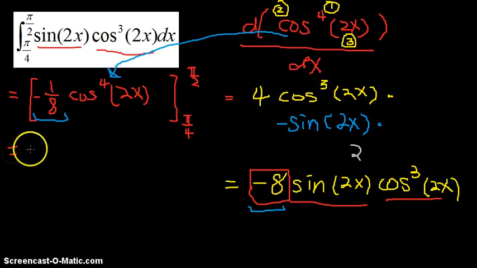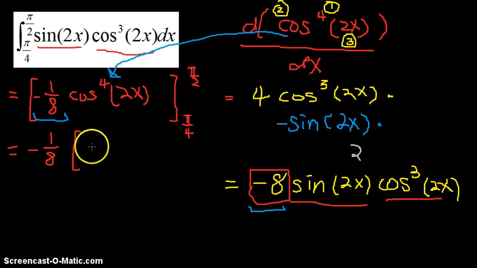I'm going to put the 1 over 8 out in front, and you can use a unit circle again. Cosine 2x to the power 4, and we have pi over 2, so that gives us cosine pi. Cosine pi is equal to negative 1, so negative 1 to the power 4 gives us 1. If you're not following here, go ahead and write it down.